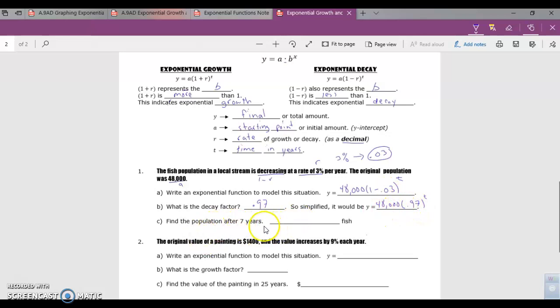Okay, we want to find our population after 7 years, so 7 is going to be your t. So you just plug in 7 in place of the t.